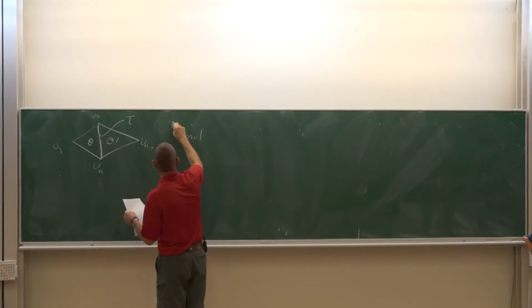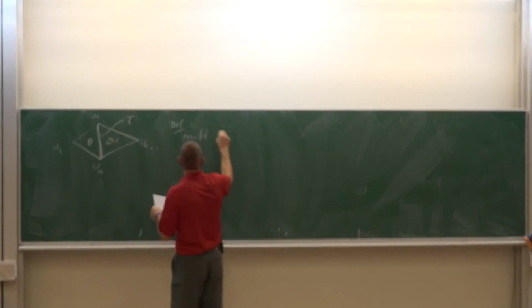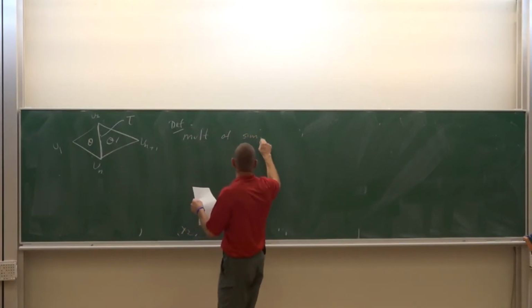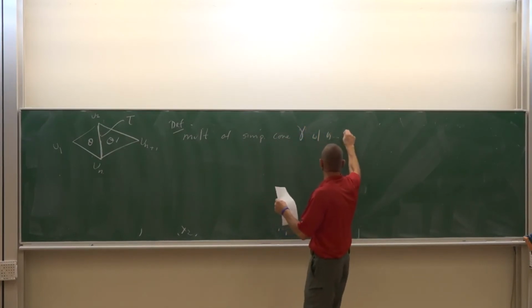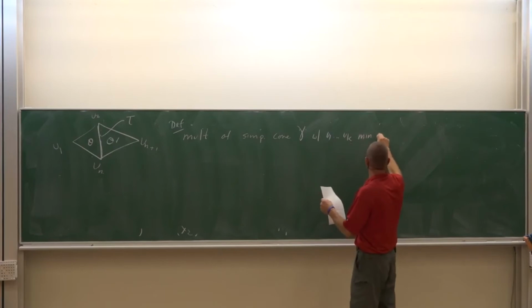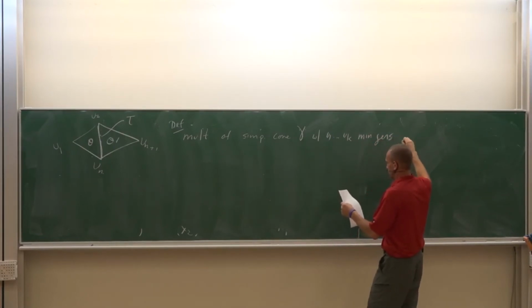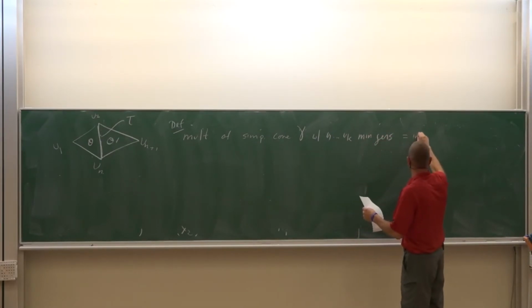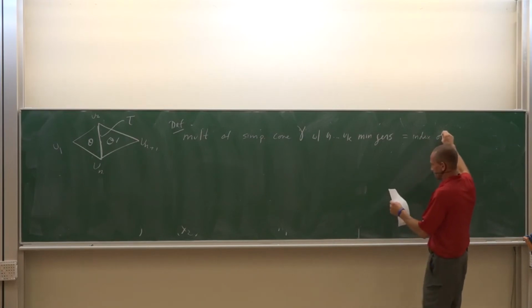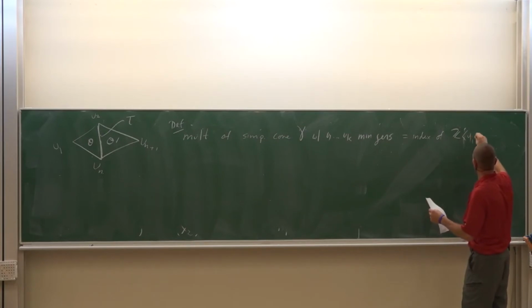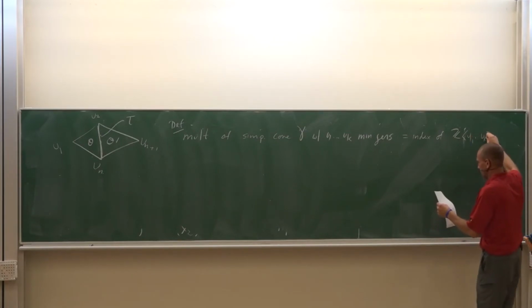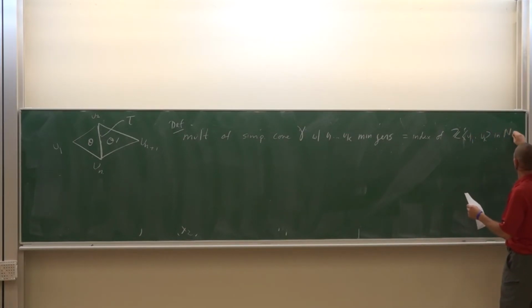So, definition: the multiplicity of a simplicial cone gamma with minimal generators u1 through uk is defined as the index of, as you would expect, Z u1 through uk in N intersect the span of u1 through uk.